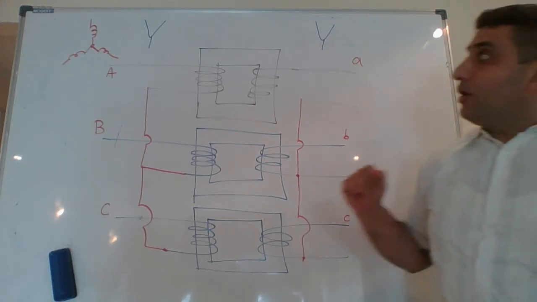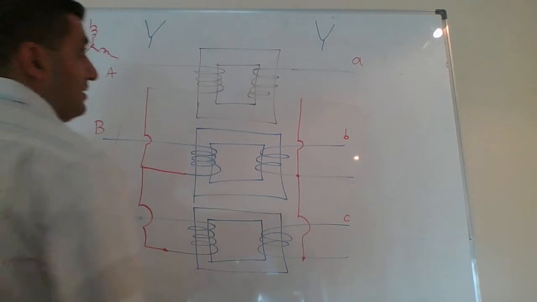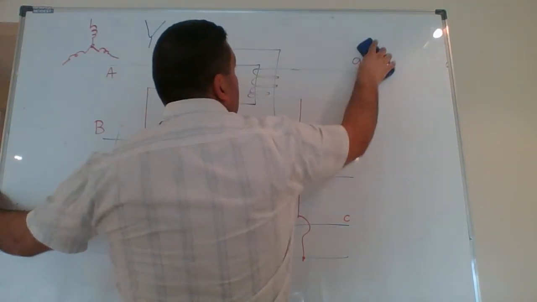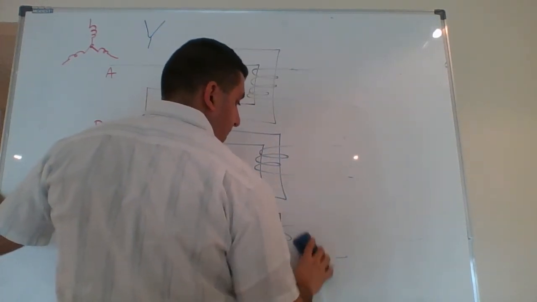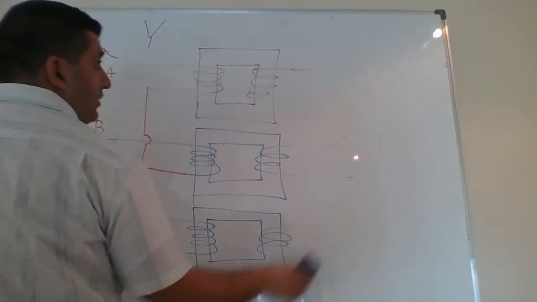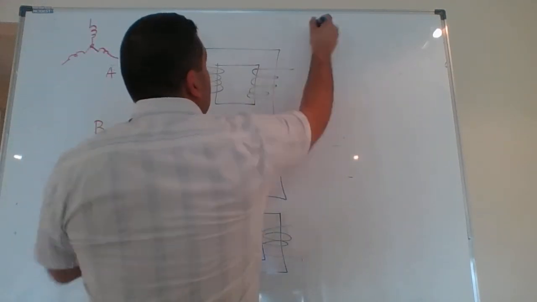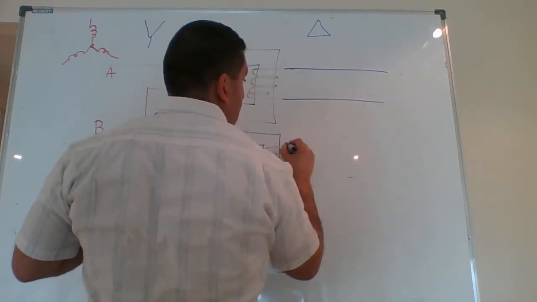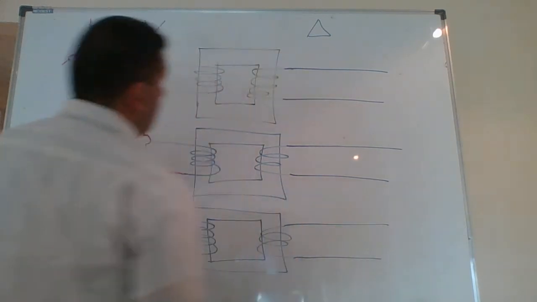Now, I want to connect Y delta. This is the first Y. I want to go ahead now and connect Y to delta. So this is my three-phase, connected Y delta.